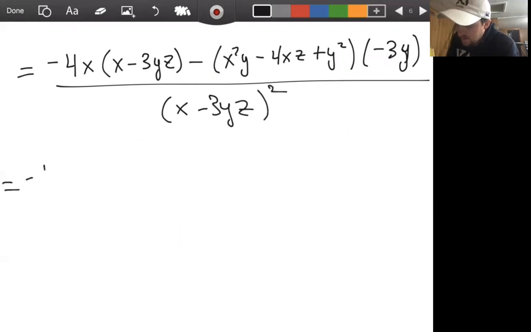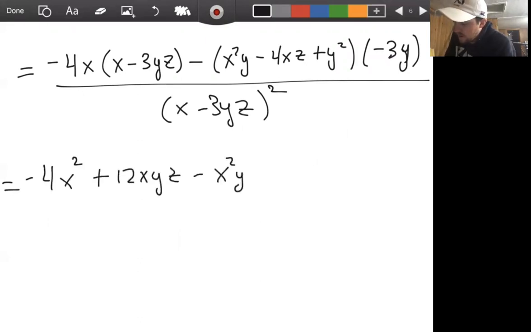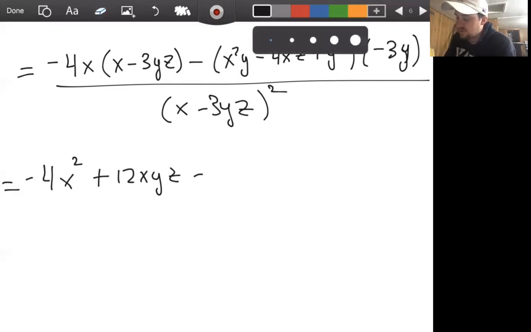Well, we get negative 4x squared plus 12xyz minus x squared y plus 4xz plus y squared. And then, let's distribute these both at once here.